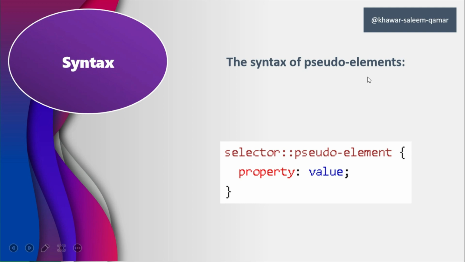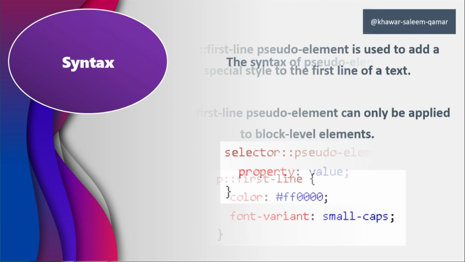So this is the general syntax. First of all, we write the selector that we want to style, whose specific part we want to style, and then we write the double colon sign, and after that follows the pseudo element's name. So let us see its examples.